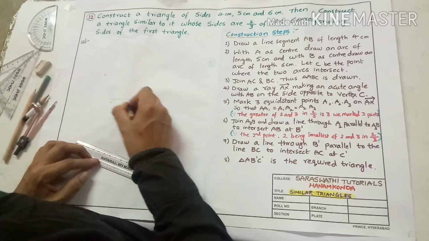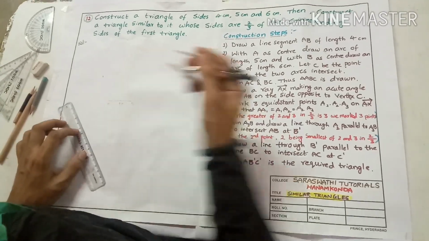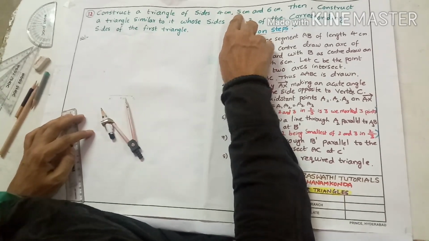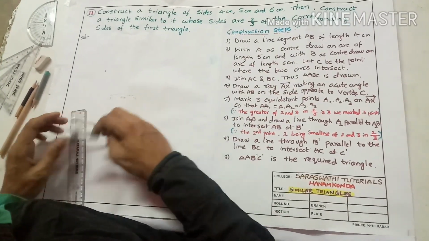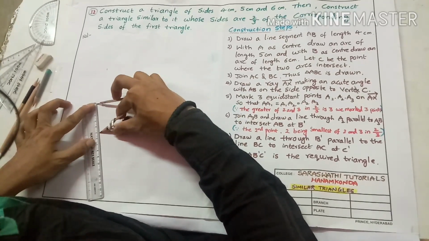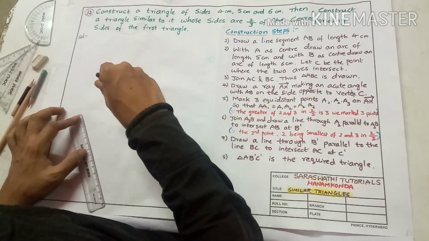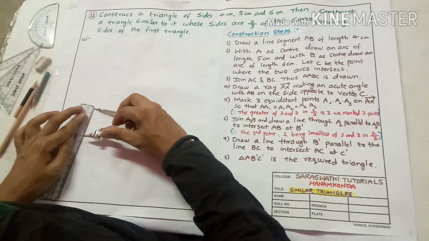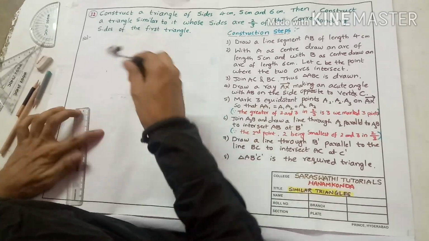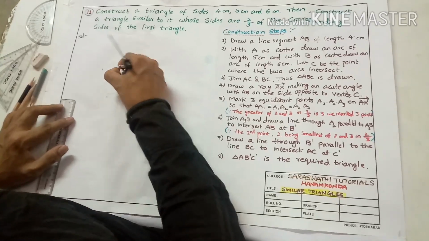This is A and this is B. Since one side is 4 centimeters, another is 5 centimeters and the other is 6 centimeters, from A we draw an arc of length 5 centimeters. Similarly, from B, draw an arc of length 6 centimeters. These two arcs intersect at a point.